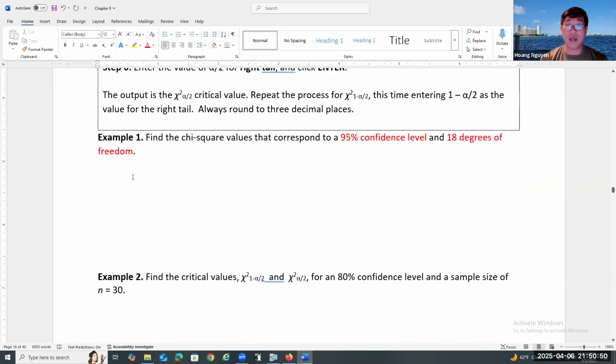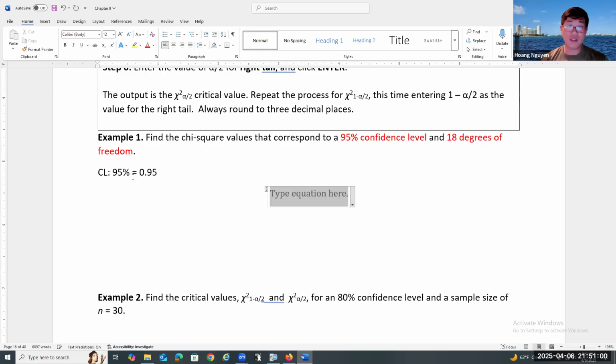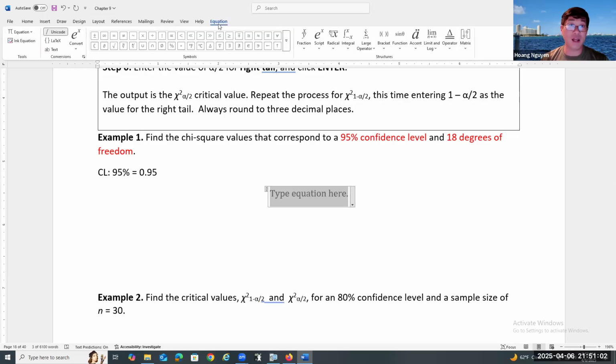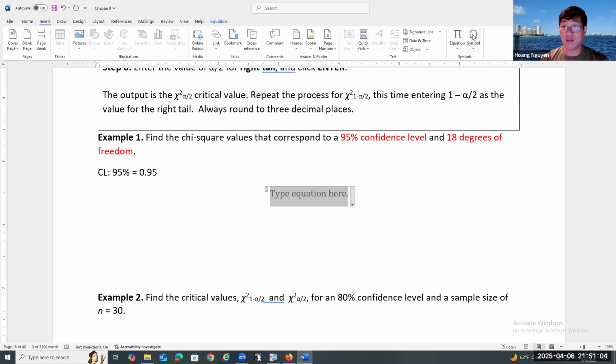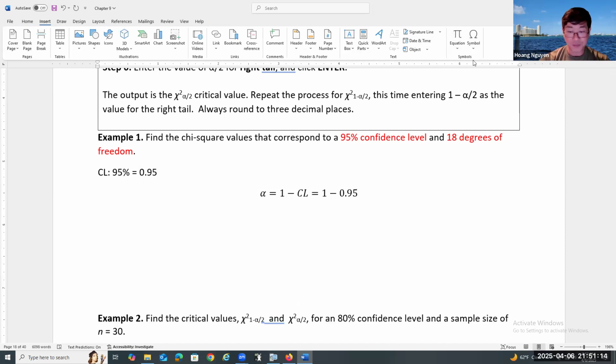Now step number 1, we have to find alpha. Based on the confidence level of 95%, which is 0.95, I'm going to find the value of alpha. So alpha is equal to 1 minus the confidence level, which is 1 minus 0.95.